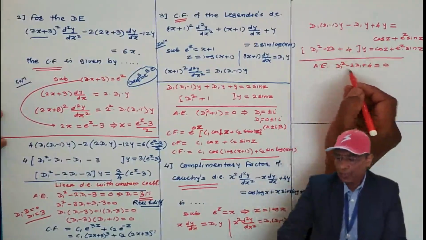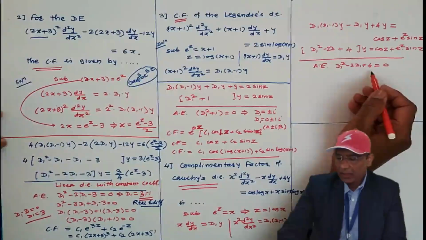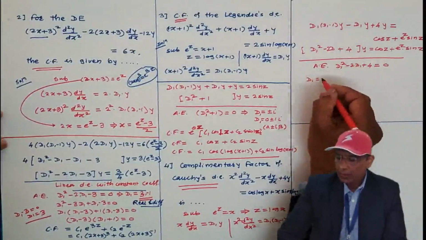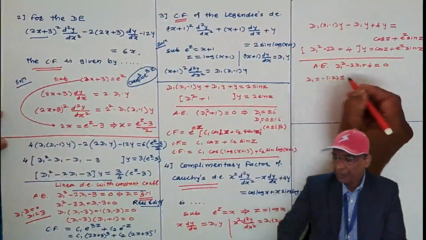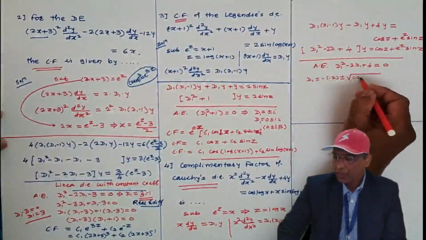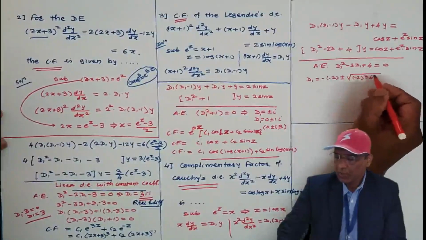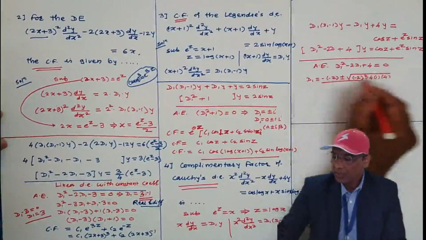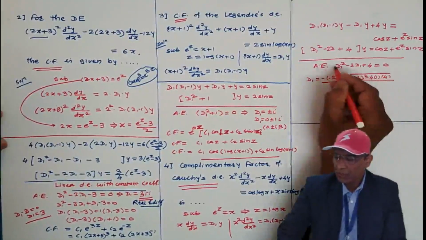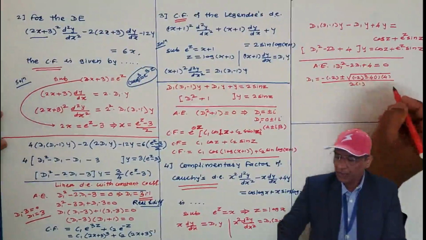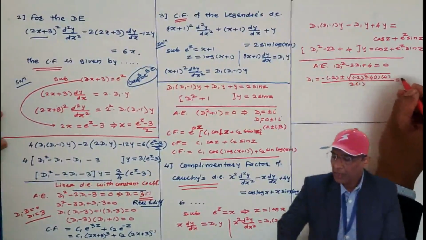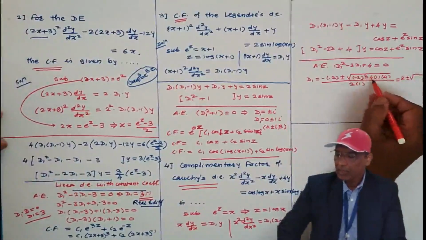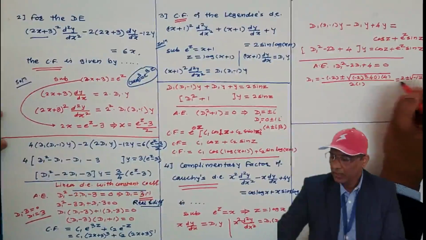Now find two values of D1. So use a calculator and get the value of D1, or indirectly you can do it like this: minus b plus minus under root of b square minus 4ac. Okay, this formula many times you use. A is 1 and c is 4. This is divided by 2a, and 2a is 2, the coefficient of D square. This is equal to minus plus 2 under root of 4 minus 16, which is minus 12, directly writing.